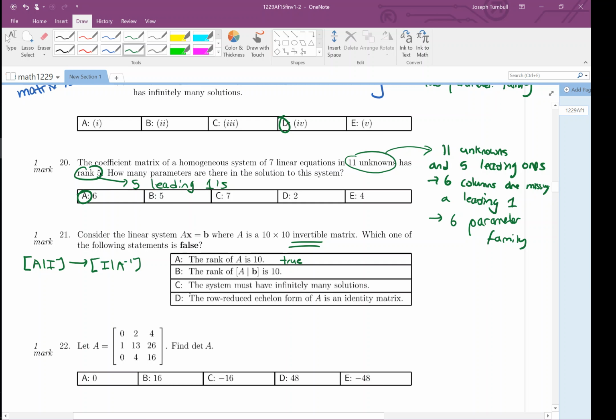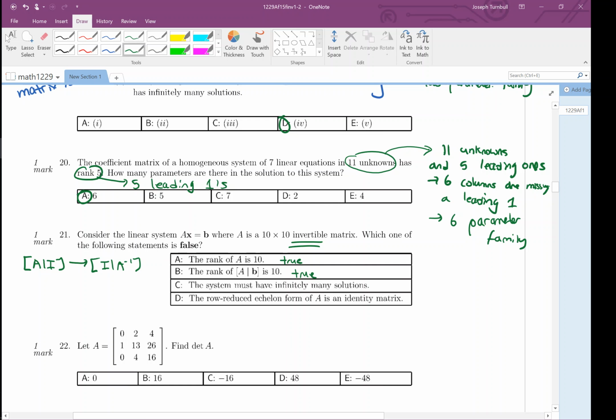So A is true. B, the rank of A joined with B is also 10. Adding something cannot decrease the rank. It can increase it. However, you have a 10 by 10 system that already has a rank of 10. Adding on another column cannot increase the rank. You can't introduce leading ones by adding another column. So it's true. It's 10. It's going to stay exactly the same.